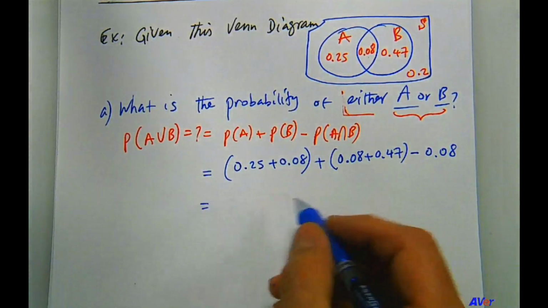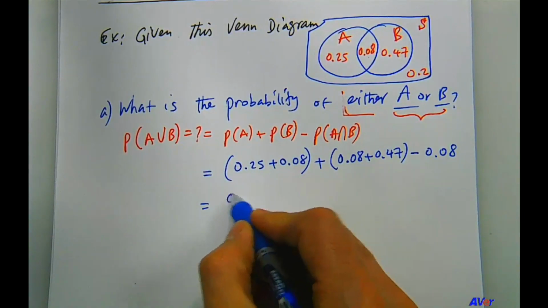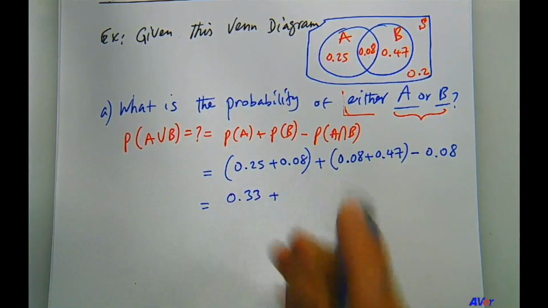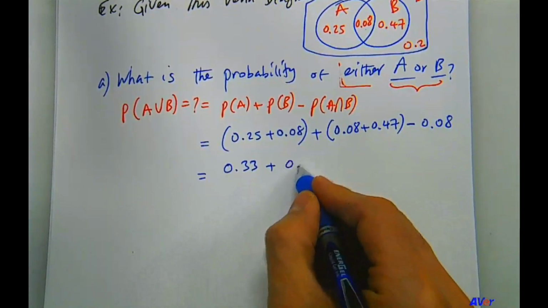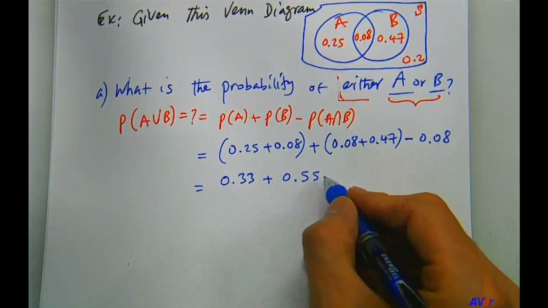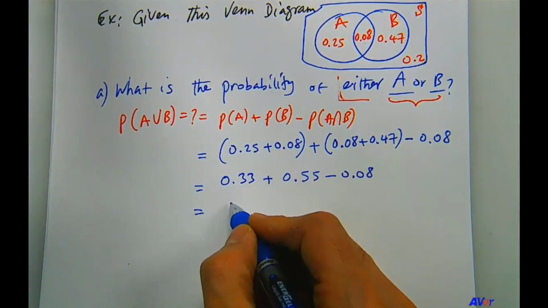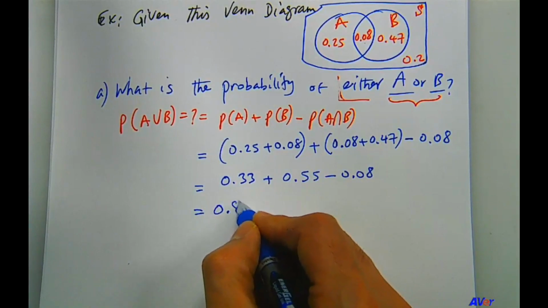Okay, so if we do the algebra on this, then we get 0.33 plus 0.55 minus 0.08, and that is equal to 0.8.